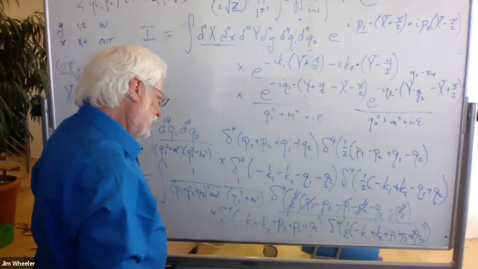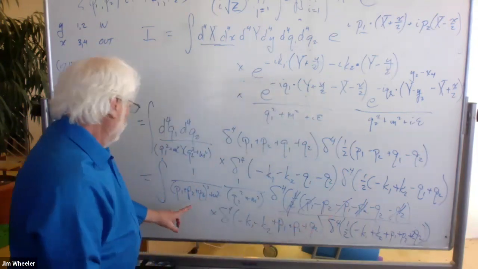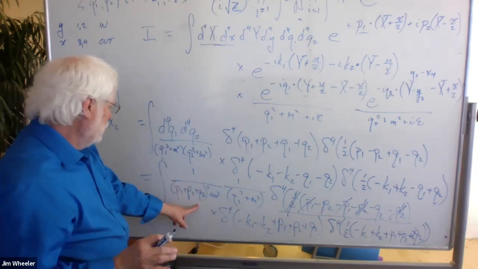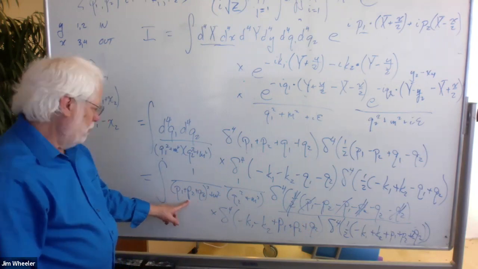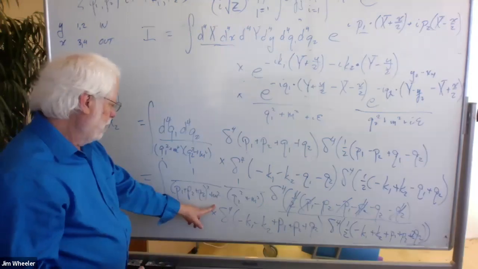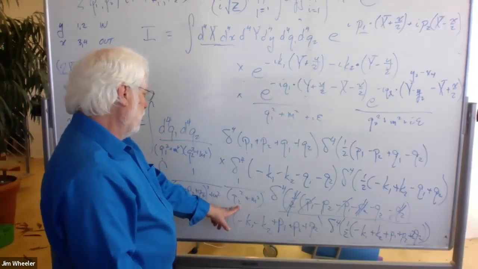And what happens is this replaces Q2 with minus P2. And that cancels this P2, and we just get a P1 squared plus M squared, which is fine. Then this Q2 becomes P2 squared.